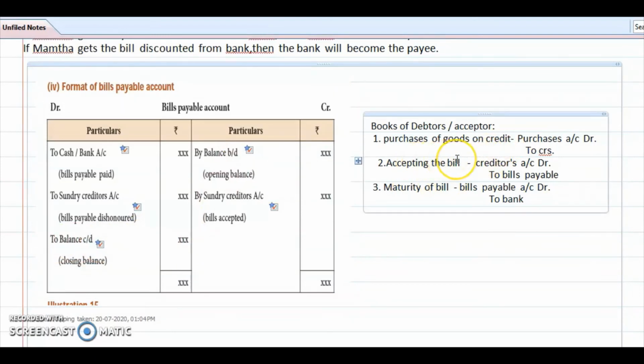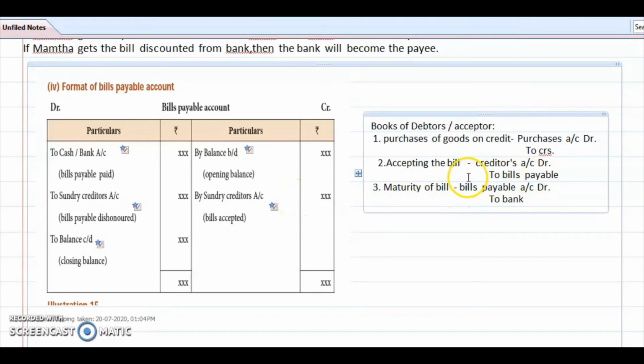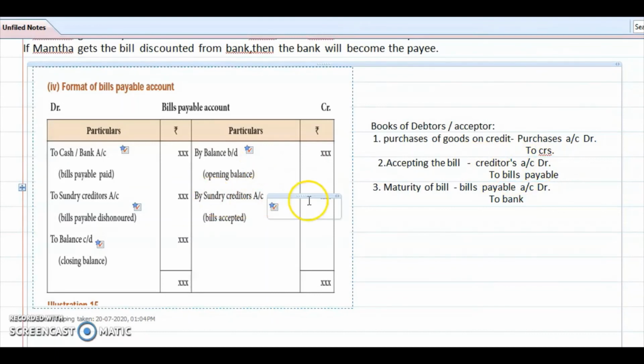While accepting the bill, what entry will we make? Creditors account debtor to bills payable. In bills payable account, the other account is creditors. It is in debit. That's why we write sundry creditors on the credit side. If accepted is written on the credit side, dishonored we have to write on the opposite side. So to creditors, bills payable dishonored.